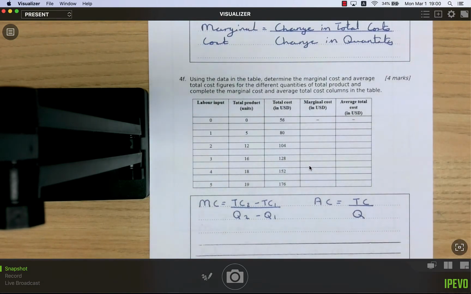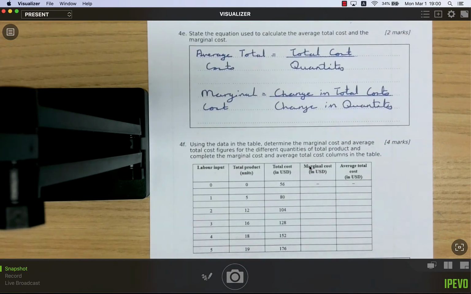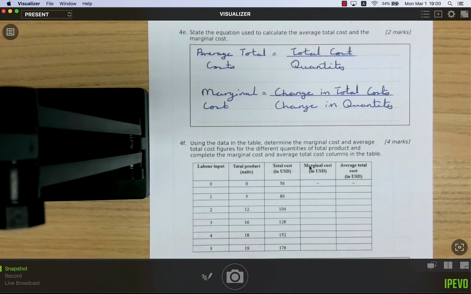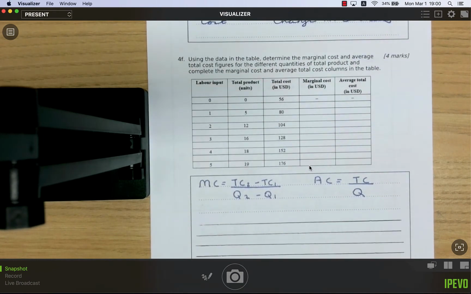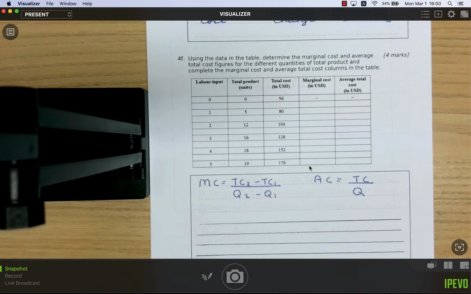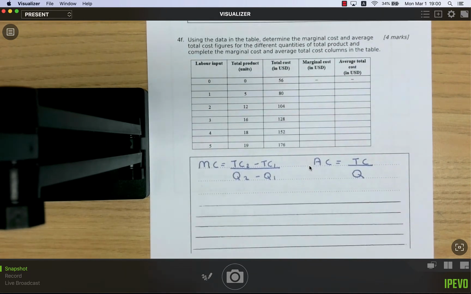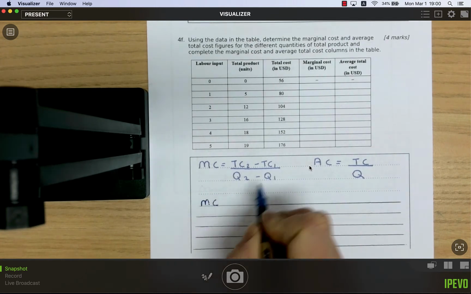Just for the first one, remember what the formulae are: average total cost equals total cost divided by quantity, and marginal cost equals change in total cost over the change in quantity. I'm going to do marginal cost first. I want to make sure you can see what I'm writing, and I think you can. So we've got marginal cost, using this formula here.